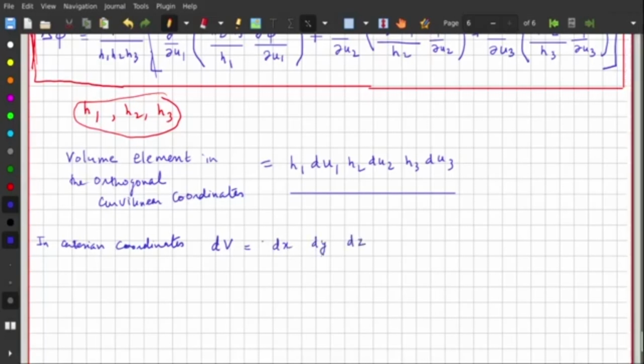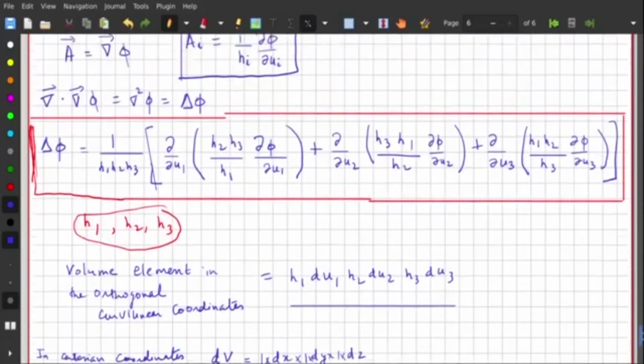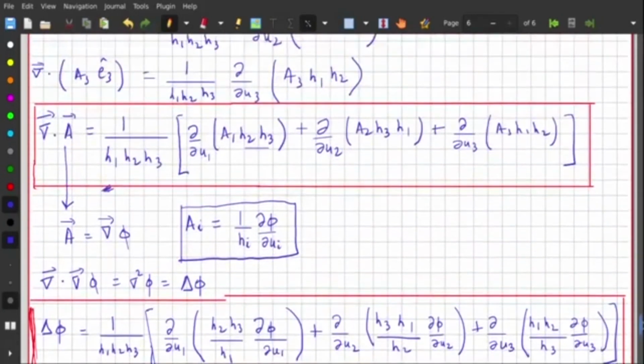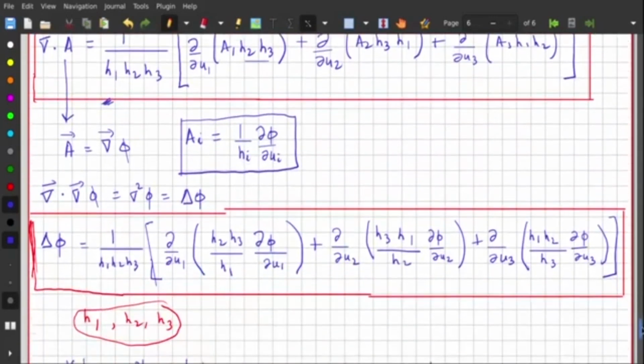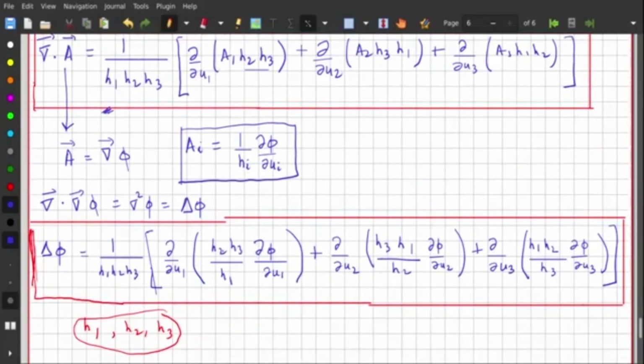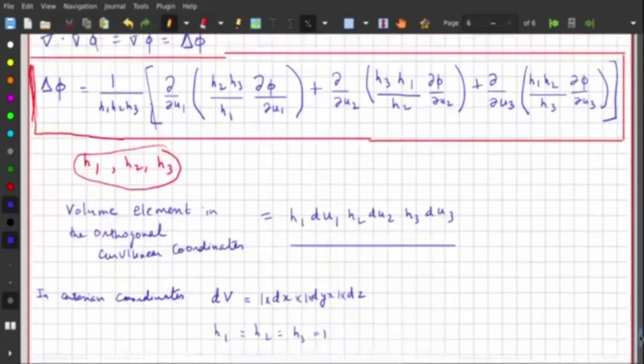From this, we realize that the individual scale factors h1, h2, h3 are all 1. If you substitute h1, h2, h3 all equal to 1, you will get the familiar Cartesian expressions for the divergence of the vector as well as the Laplacian.